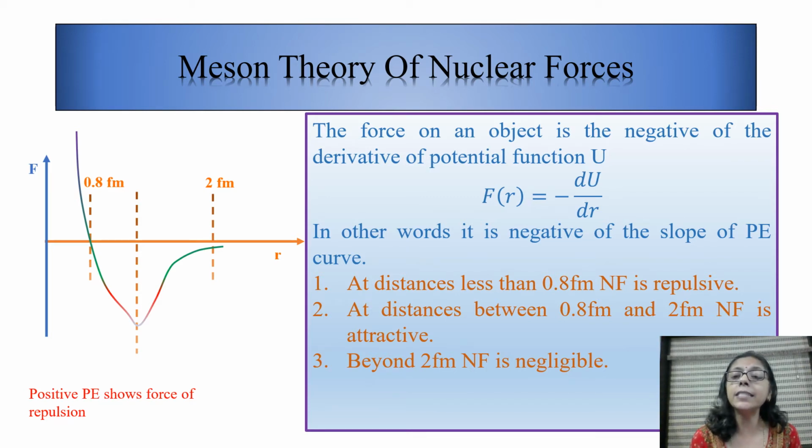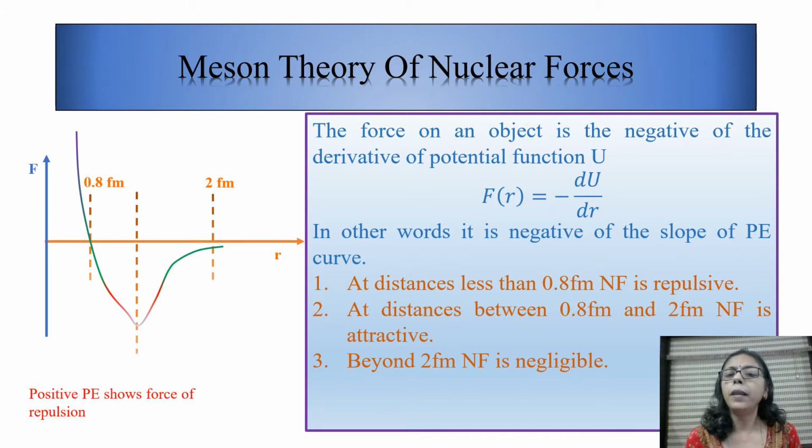At distances less than 0.8 femtometers, these nuclear forces are repulsive in nature. Between 0.8 and 2 femtometers, they are attractive. And beyond 2 femtometers, they are negligible. Now, how are you going to understand this? It's very easy.